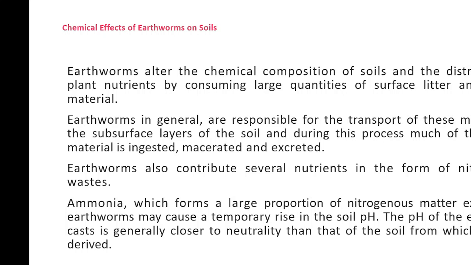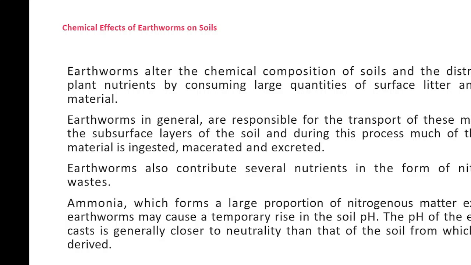Earthworm also contributes several nutrients in the form of nitrogenous waste. One important property of the earthworm waste is that when earthworm releases this earthworm cast, it will contain a lot of nitrogen, ammonia, phosphorus, and potassium.